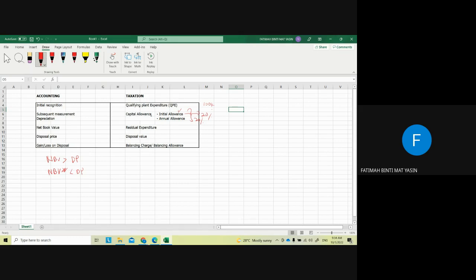Second year they claim another 20%, third year another 20%, and the last year another 20%. If they don't sell the asset, they can claim up to year 4, because 20 plus 20 plus and so on is basically 100%. So that's regarding annual allowance.